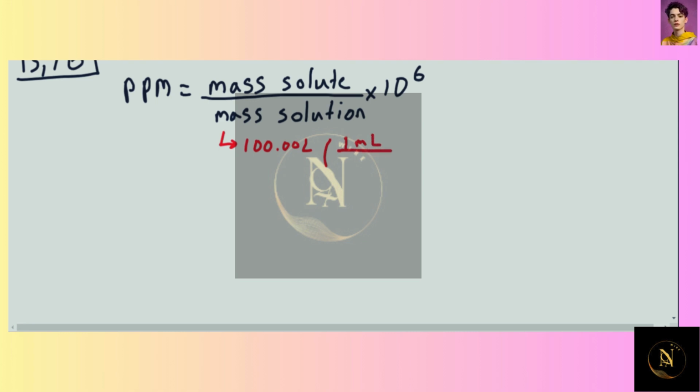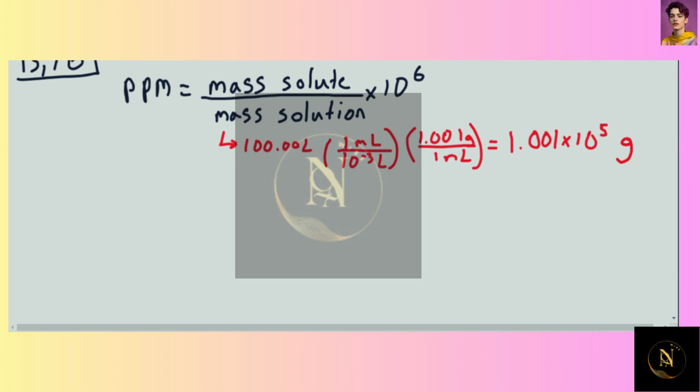We're given the value of density in grams per milliliter. So we convert to milliliters, and then multiply by the density. And we get a value of 1.001 times 10 to the 5th grams. So that's how many grams are in 100 liters of solution.